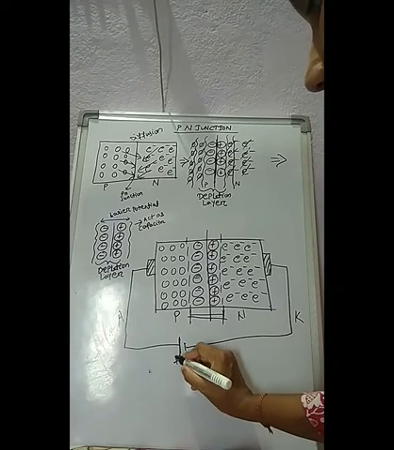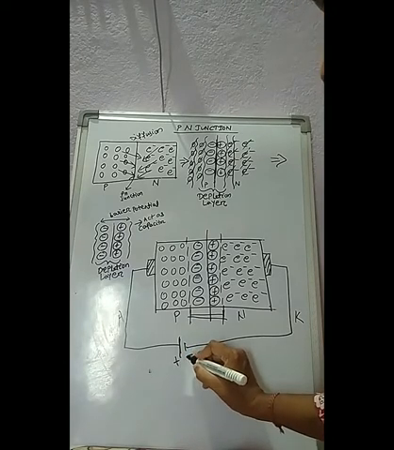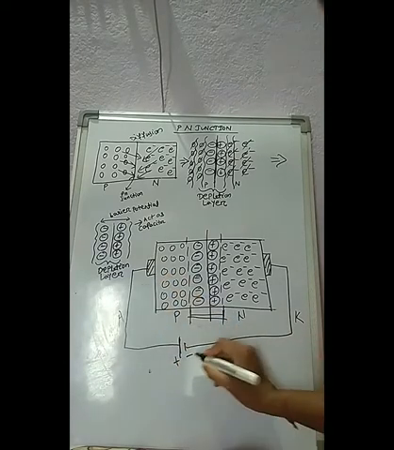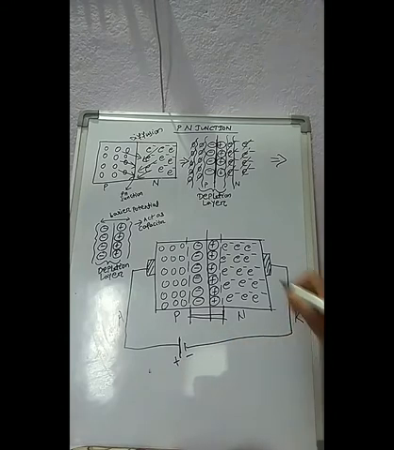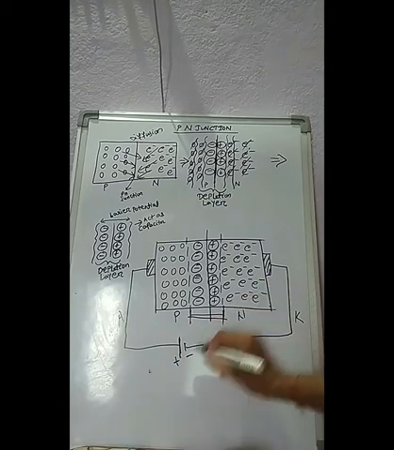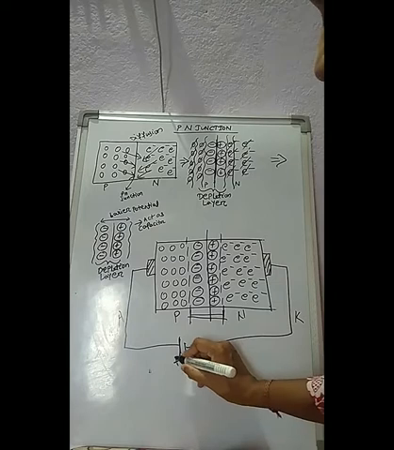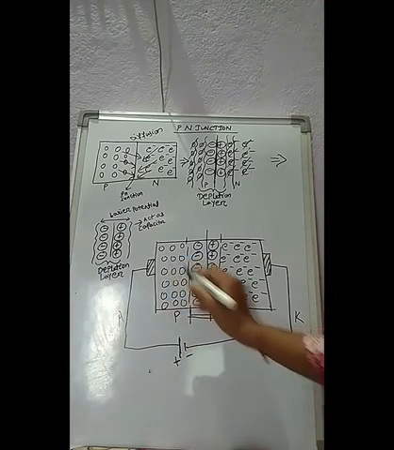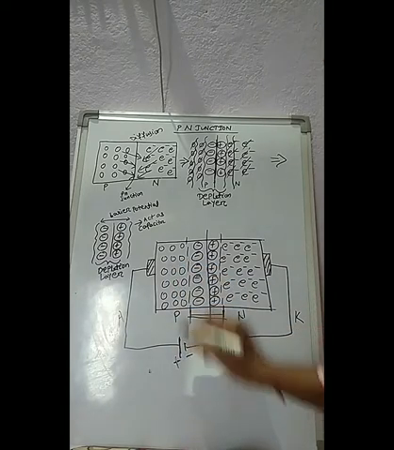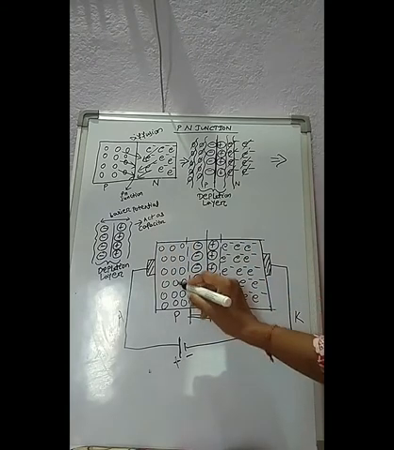When we connect this positive terminal to the anode and the negative terminal to the cathode terminal, then what happened? This is a positive charge, and in the P layer the majority carriers are holes, which are also a positive charge.